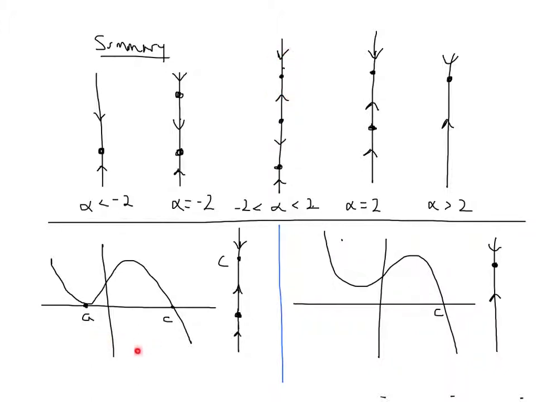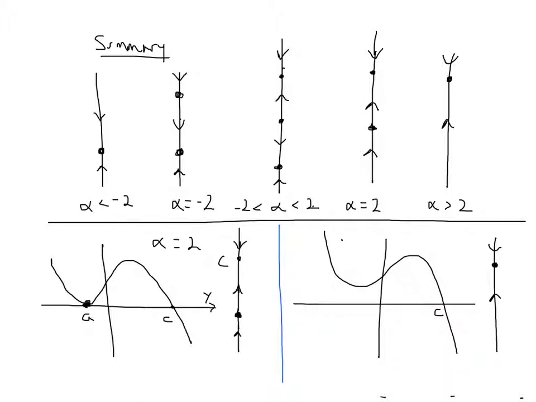The pictures down here correspond to these two phase lines. This is the case where I let alpha equal 2. So I've done a vertical translation. I've pushed the whole graph up 2 units until this local minimum is just tangent with the y-axis.